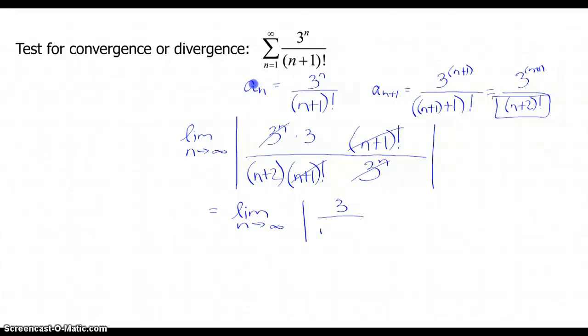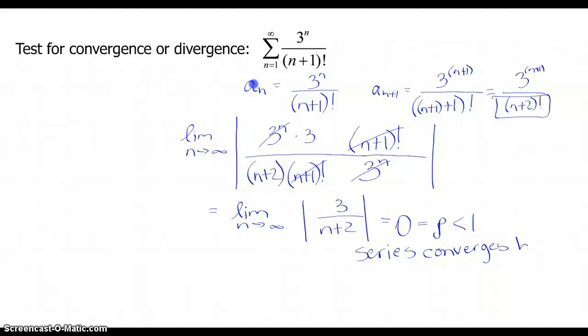So this is 3 over n plus 2. As n goes to infinity, this limit is going to 0. Remember, that is rho. Rho is less than 1. This series converges by the absolute ratio test.